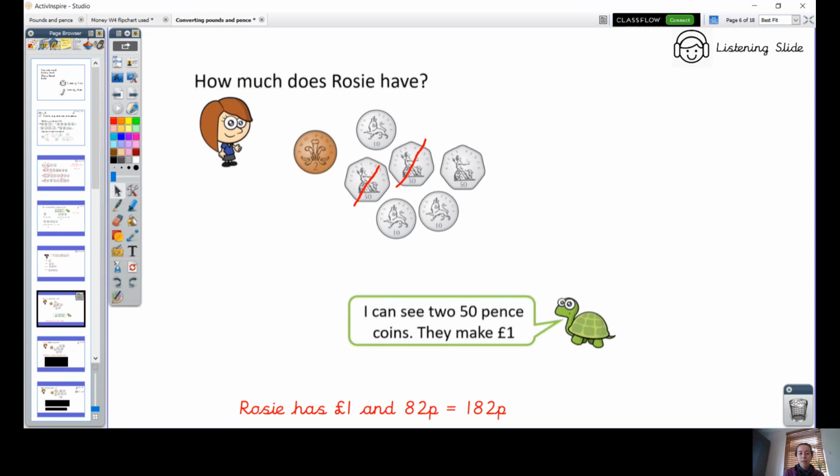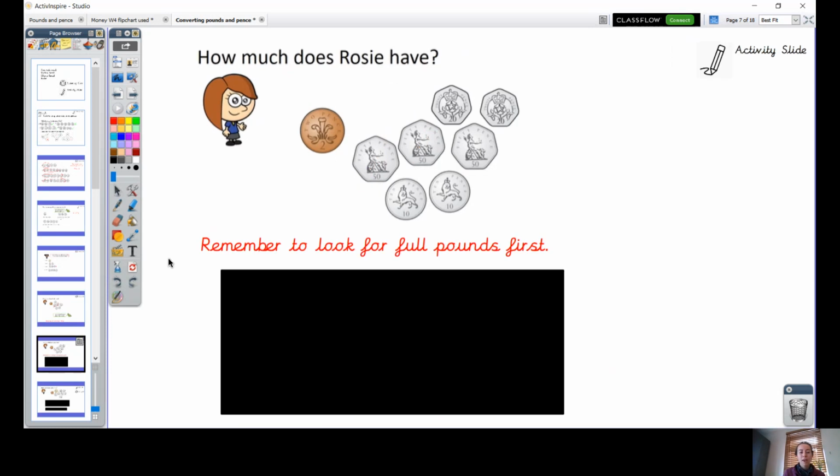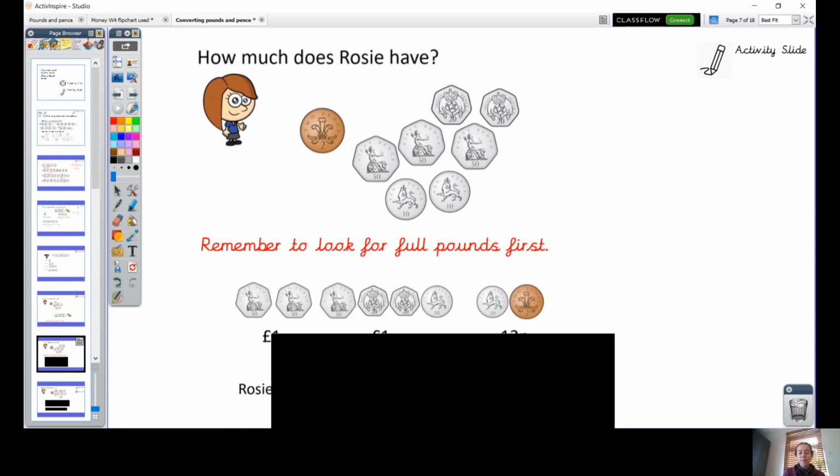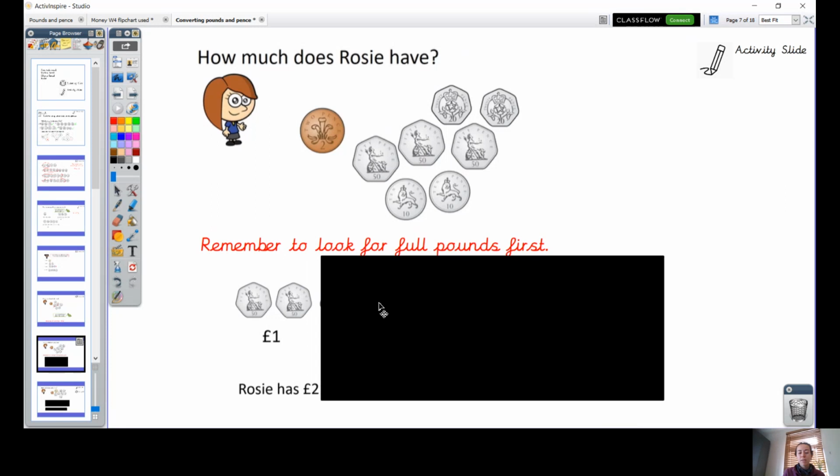Okay, I'd like you to have a go at the next one. How much does Rosie have? Look for the full pounds first. So what coins will make pounds? And then go from there. Pause the video, have a go. Well done. You might have spotted that there were two 50p's.